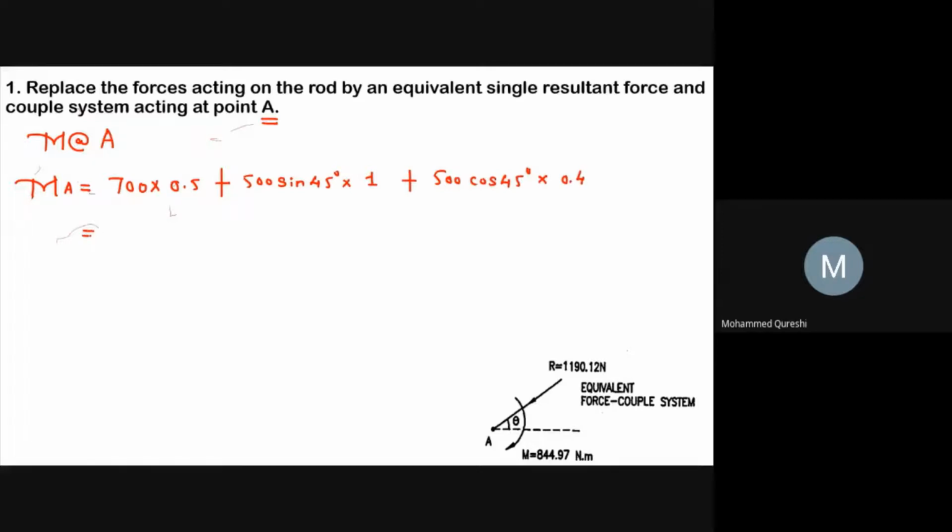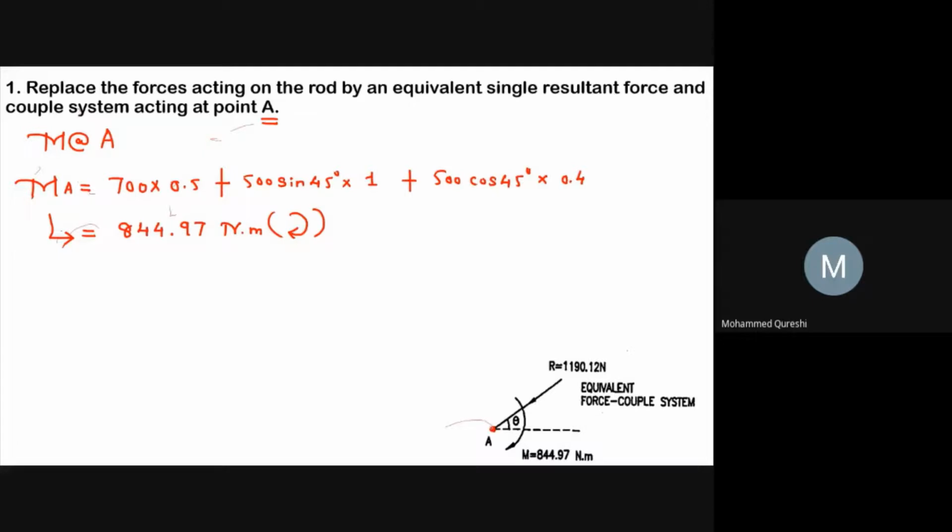So after solving the above equation, we will get the value of MA as 844.97 Newton meter. Positive, hence we will denote it by clockwise direction.